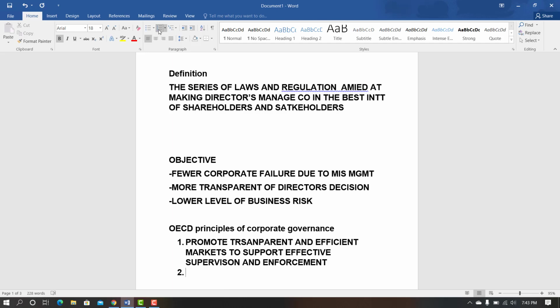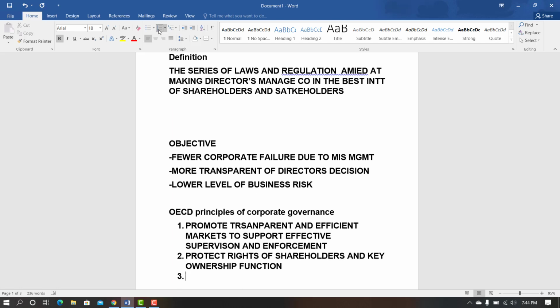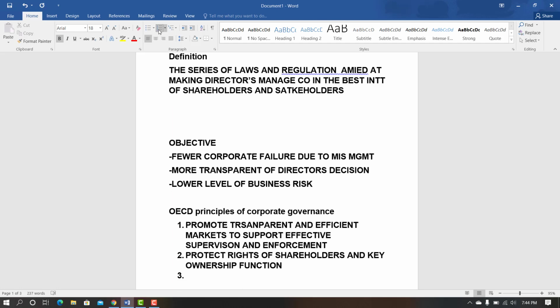And second one is protect rights of shareholders and key ownership function. Third one is stock market should function properly.